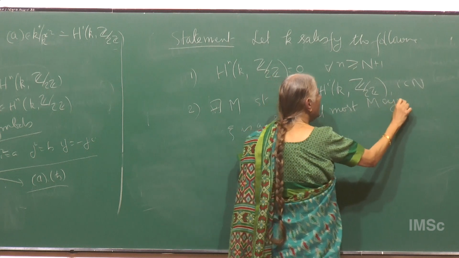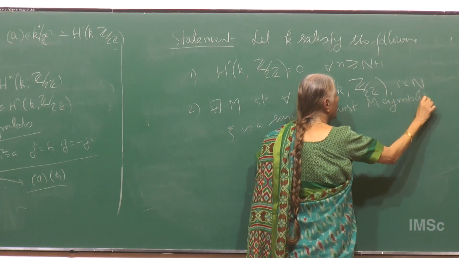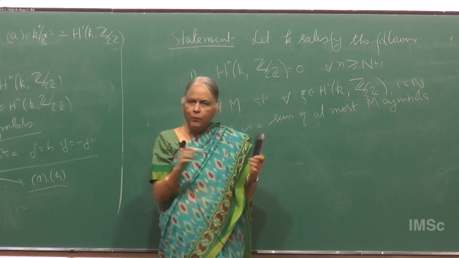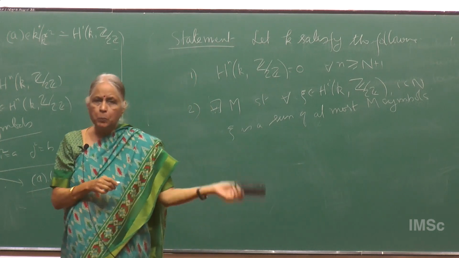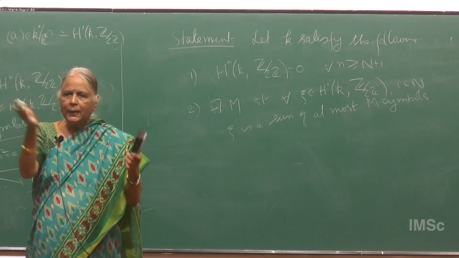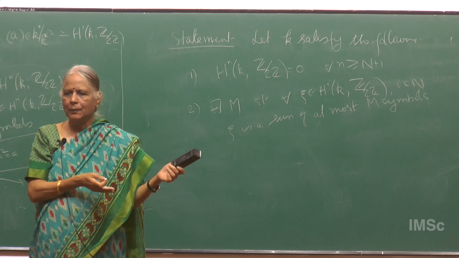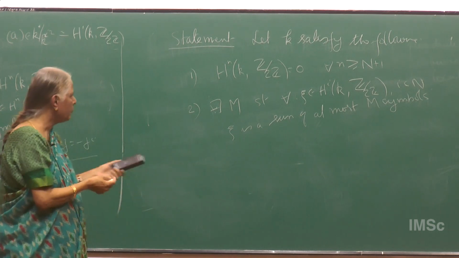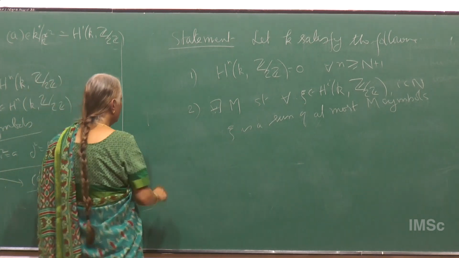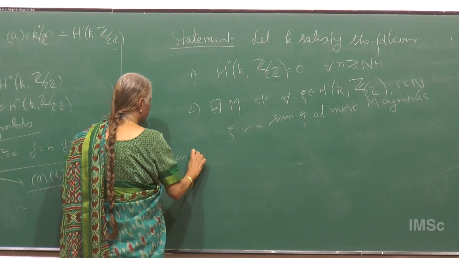Okay, the symbol length is bounded. So every cohomology class is a sum of at most m symbols for these finitely many non-vanishing classes. Okay, so if this happens, then the u-invariant of K is finite.